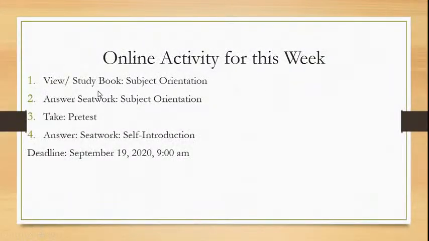You are going to view or study the book Subject Orientation. Then you are going to answer the seat work, that is seat work number 1. The title of the seat work is Subject Orientation. Then you are going to take the pretest. Then after that, answer the seat work, I believe this is seat work number 2, entitled Self Introduction. So you are given until next Saturday 9 a.m. to finish all of these activities.